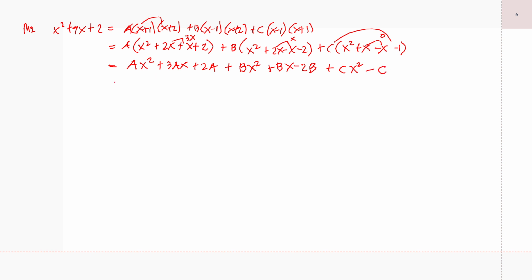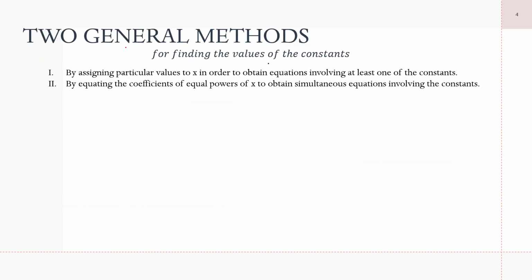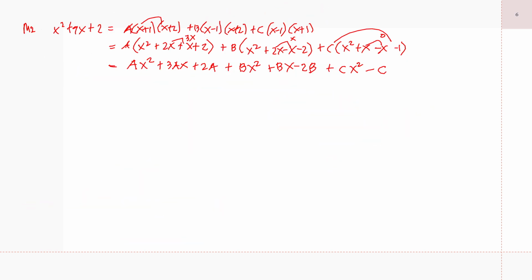So next, the second method is this one: by equating the coefficients of equal powers of x to obtain simultaneous equations involving the constants. So we will equate this coefficient to the values of x squared.